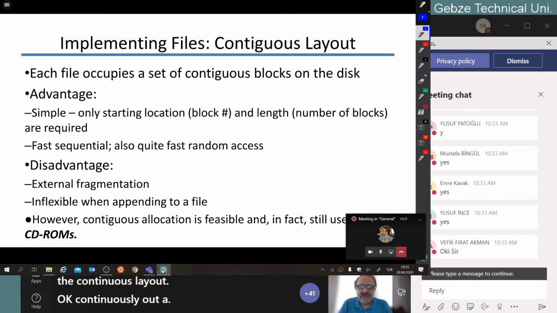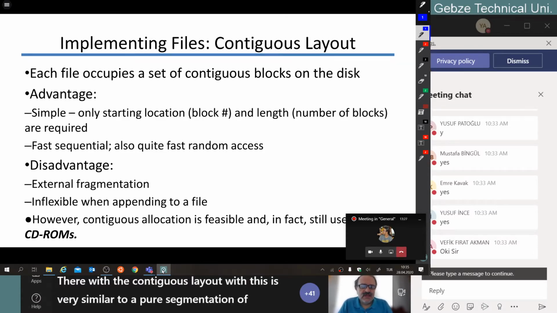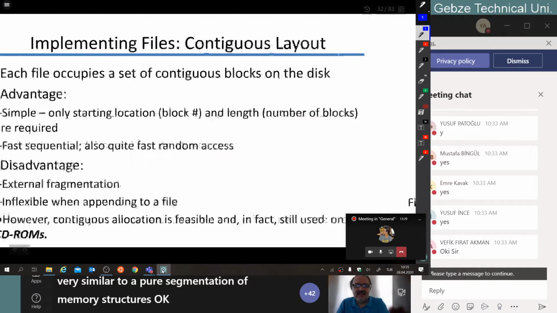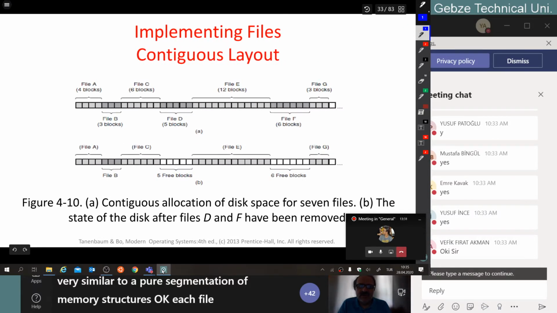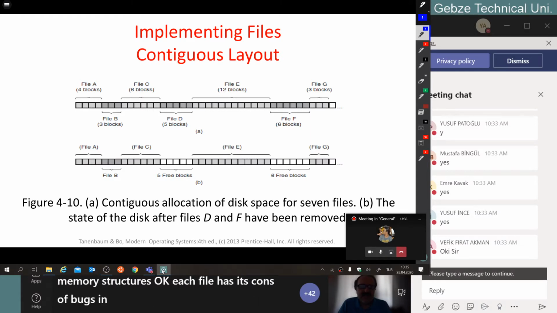With the contiguous layout, this is very similar to a pure segmentation of memory structures. Each file has its own consecutive blocks in the disk.